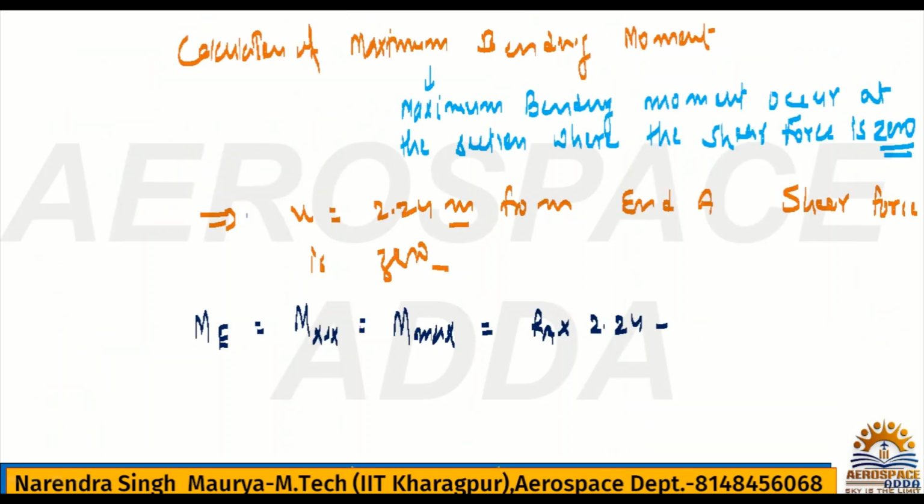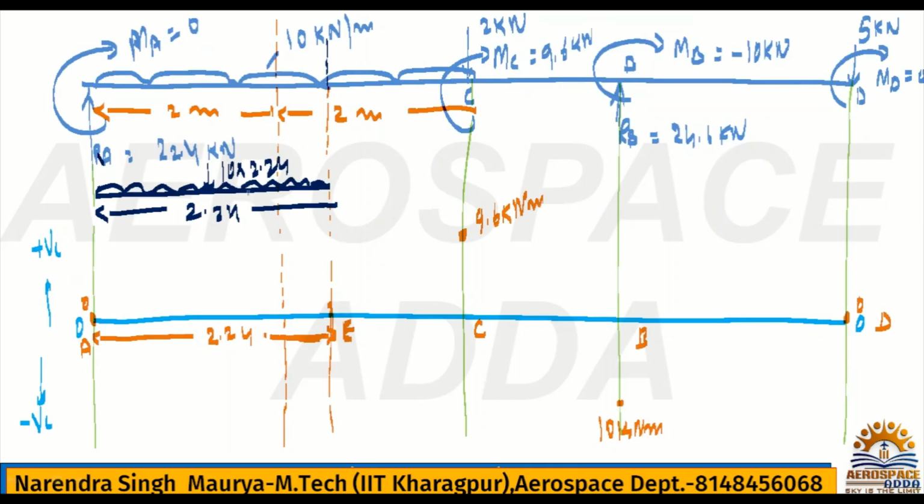So RA into 2.24 minus that moment, where the force is 10 kilonewton per meter acting over the span of 2.24. This 2.24 is what is useful for you; the rest is not useful, because you are calculating the moment.